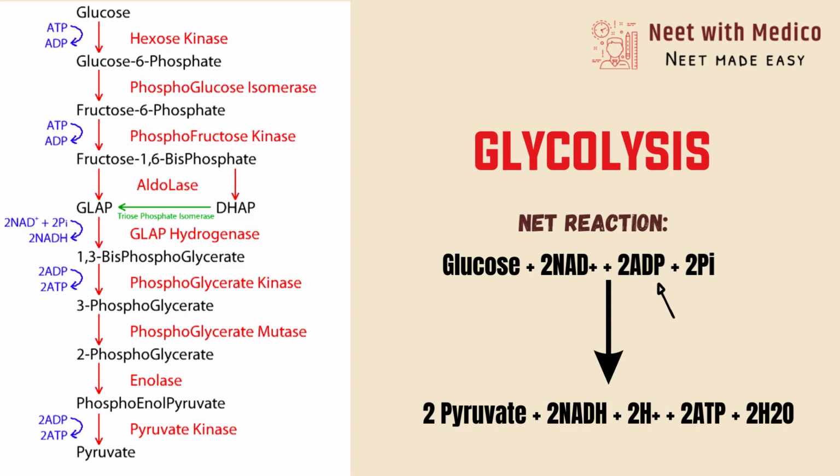So there is a net use of only 2 ADP. 2 molecules of inorganic phosphate are utilized in this step. 2 molecules of nicotinamide adenine dinucleotide are reduced to form 2 molecules of NADH in the conversion process of glyceraldehyde 3-phosphate to 1,3-bisphosphoglycerate. This was a brief overview of the process of glycolysis.